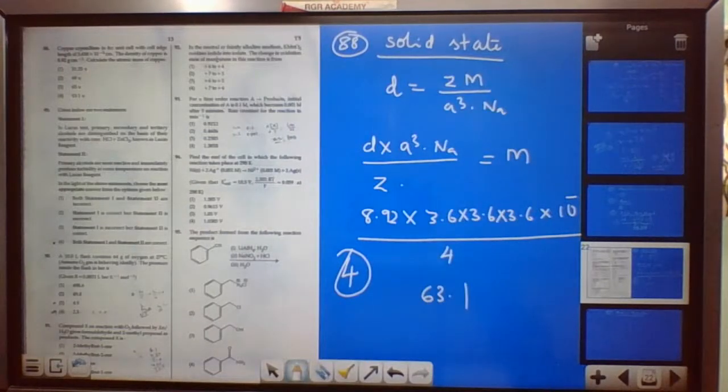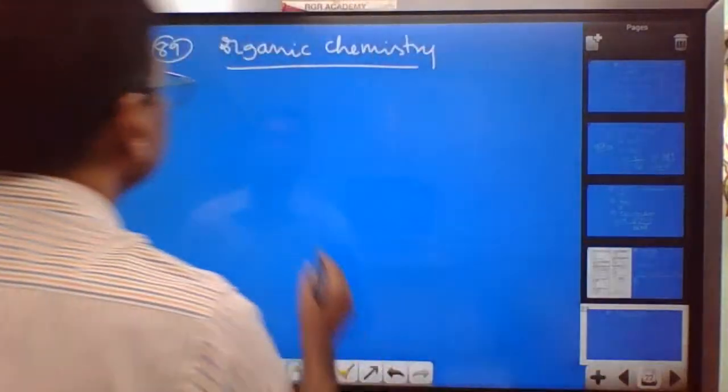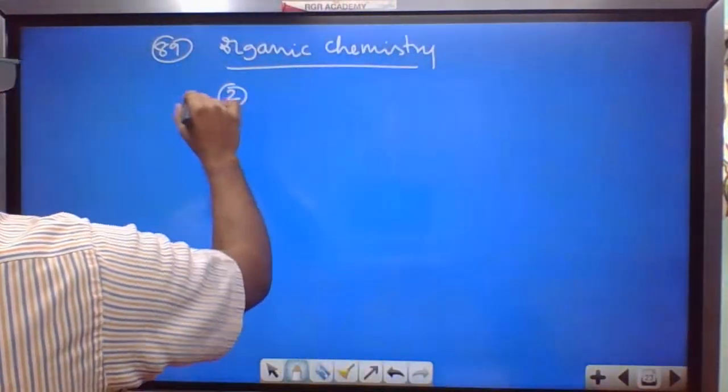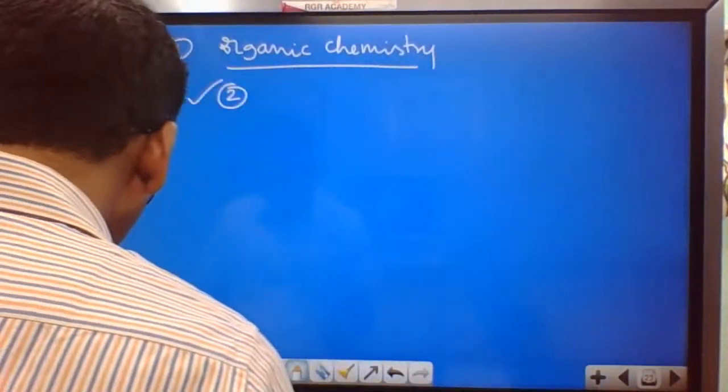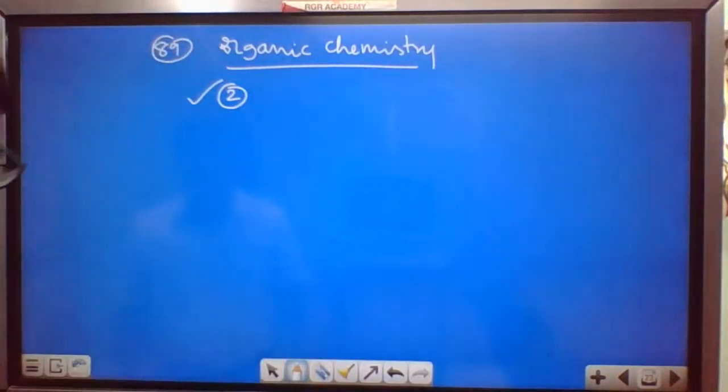Primary alcohols are more reactive and immediately produce turbidity at room temperature on reaction with Lucas reagent. This statement is wrong. Tertiary alcohols are more reactive than secondary and primary. So statement 1 is correct, but statement 2 is wrong. So 89 option 2 is correct.